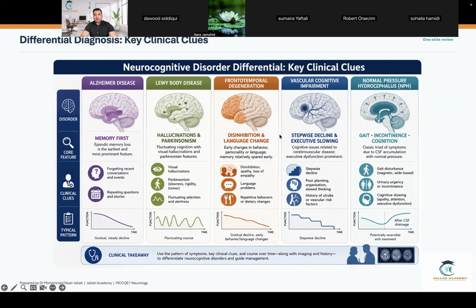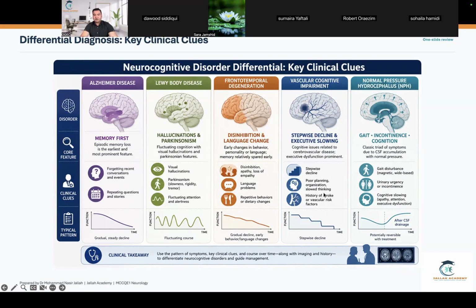Vascular cognitive impairment or vascular dementia: a stepwise decline. See, stepwise decline, like steps. And executive slowness, cognitive issue related to cerebrovascular disease, executive dysfunction, prominent stepwise decline, poor planning, organization, slow thinking, history of stroke, or vascular risk factor.